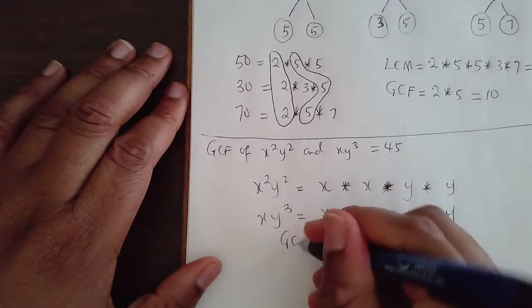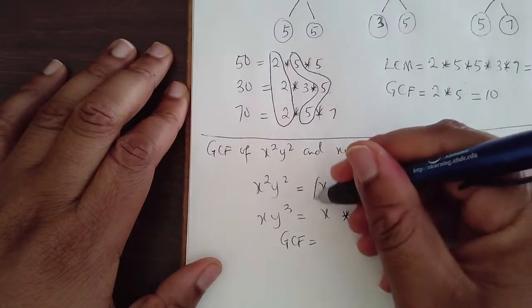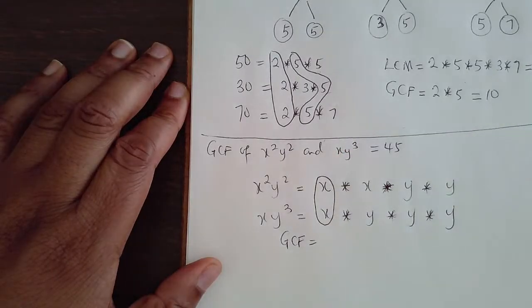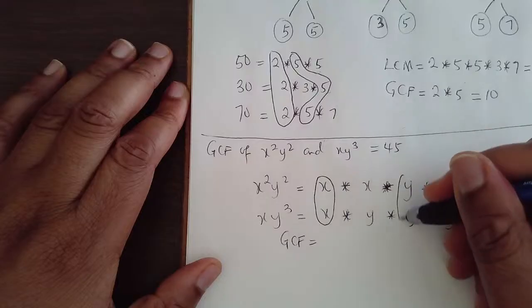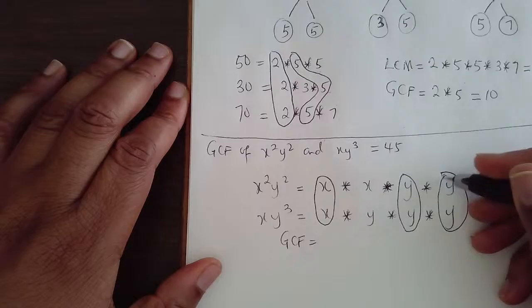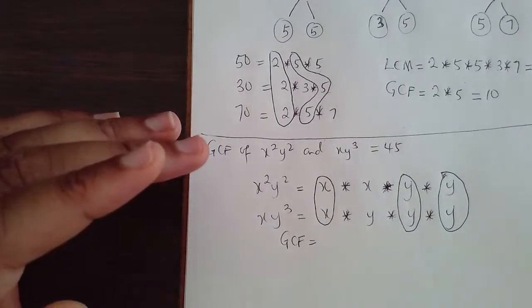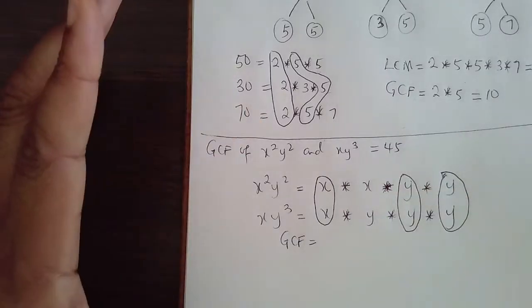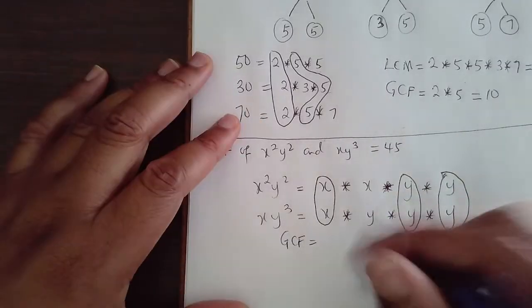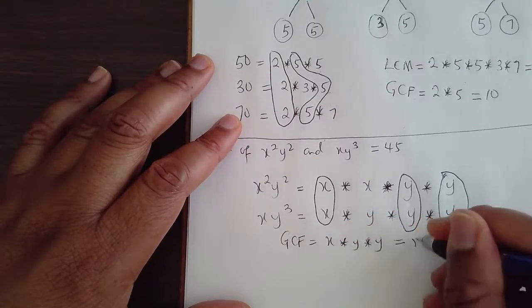So we're looking at the greatest common factor. Let's get the common factors: x is a common factor, y is a common factor, y is a common factor. They want the greatest common factor, so we multiply all the common factors: x times y times y, and that is xy squared.